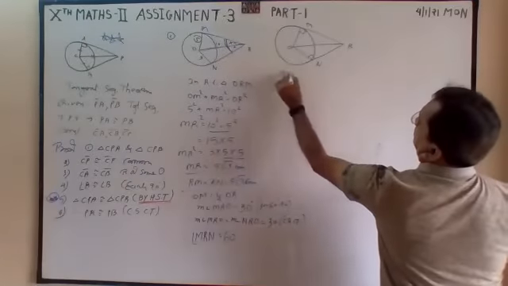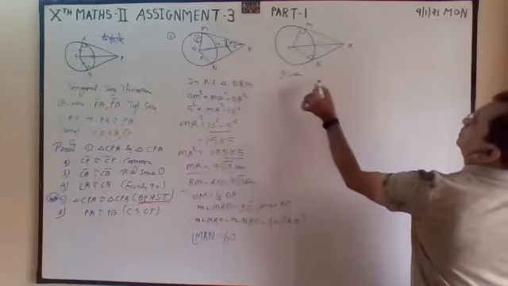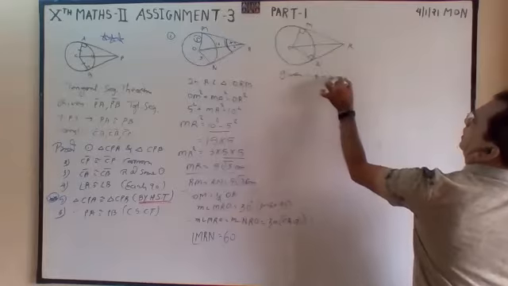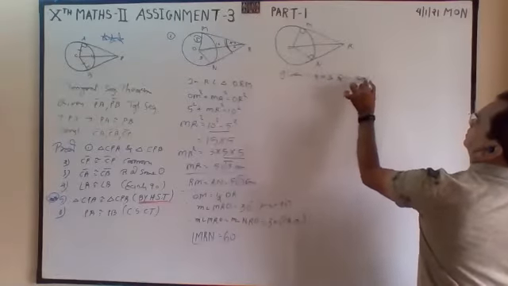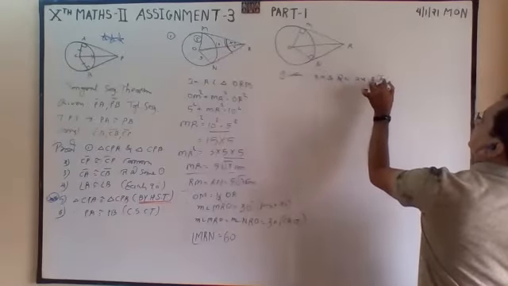Given RM and RN are two tangent segments.